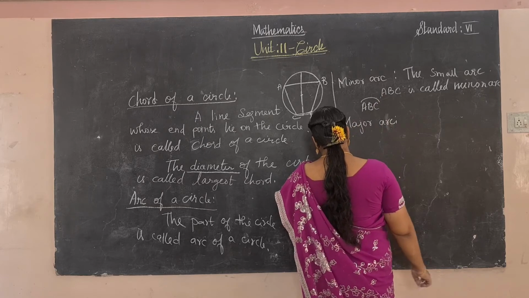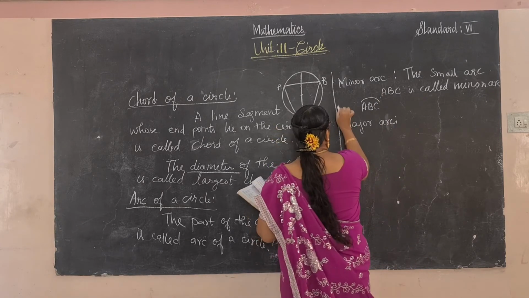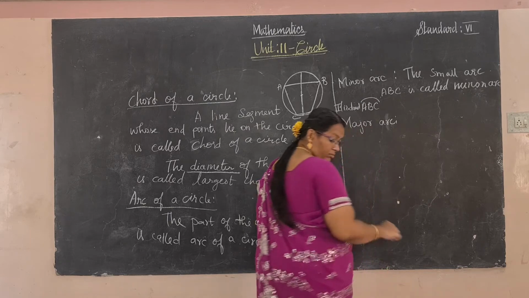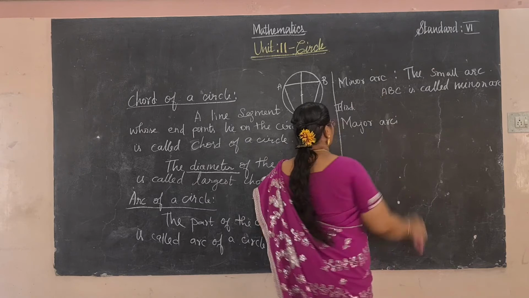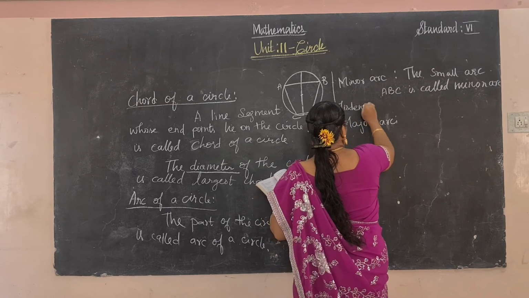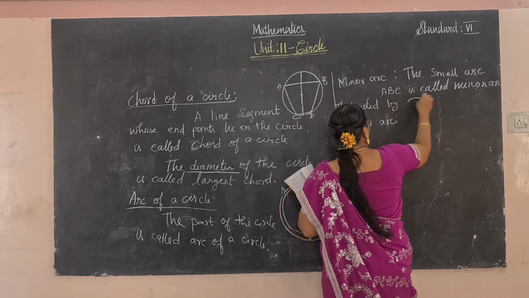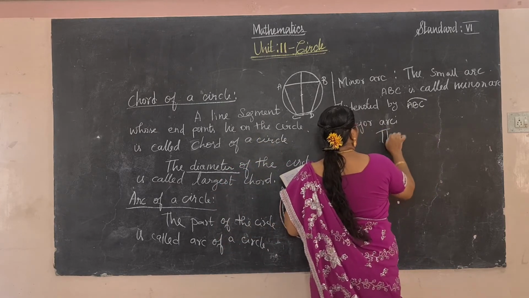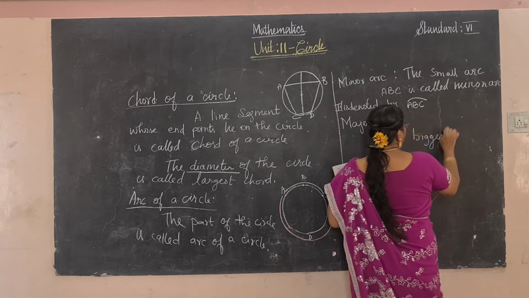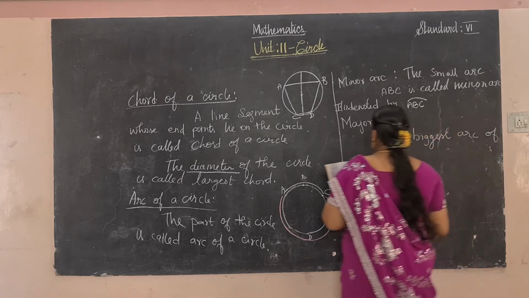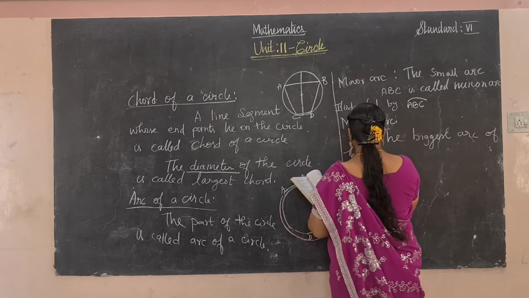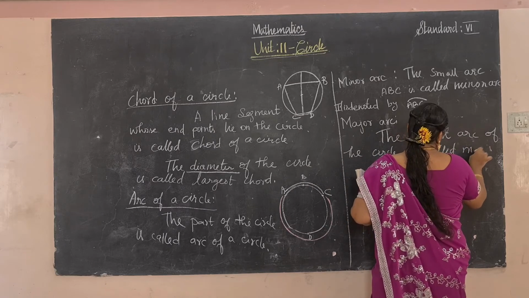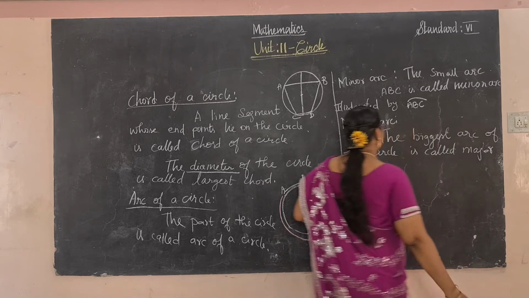Okay, it is denoted by arc ABC. Major arc, the largest or biggest arc of the circle, is called the major arc.